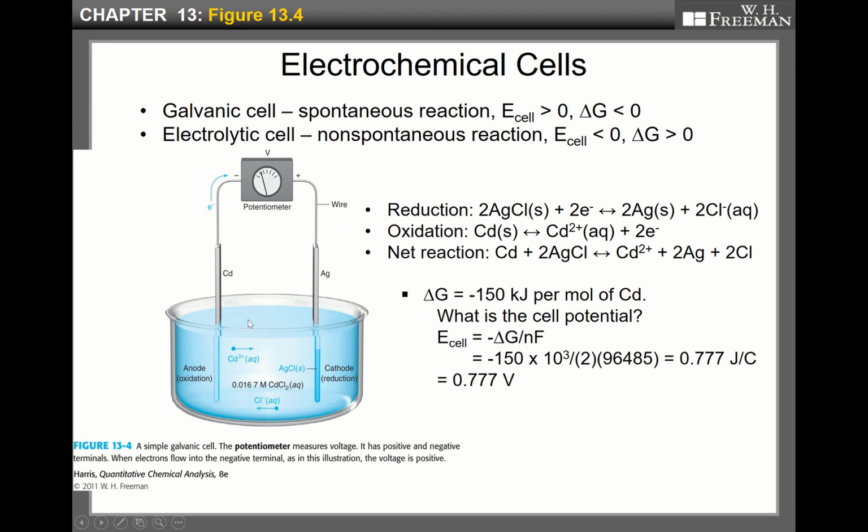Usually in the figure, the electrode on the left hand side is the anode, and you put the cathode on the right hand side. By the way, what is the anode and what is the cathode? The anode is the electrode where oxidation takes place. In Korean, anode is 산화전극.